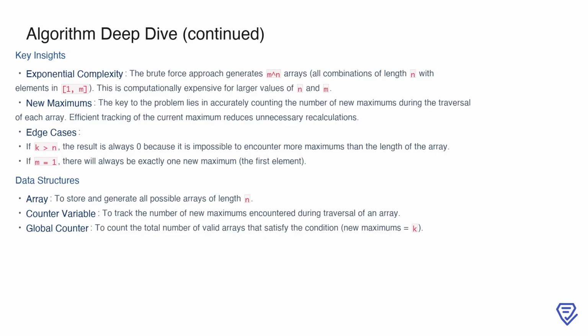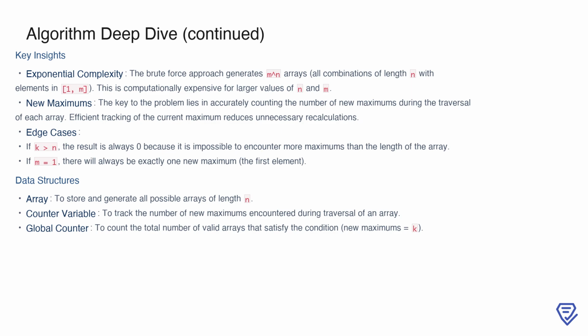By keeping track of the current maximum as you iterate, you can avoid unnecessary recalculations. Additionally, there are key edge cases to keep in mind. If k is greater than n, the result will always be 0, as it's impossible to encounter more maximums than the total number of elements in the array. Similarly, if m equals 1, there will always be exactly one new maximum, the first element of the array.